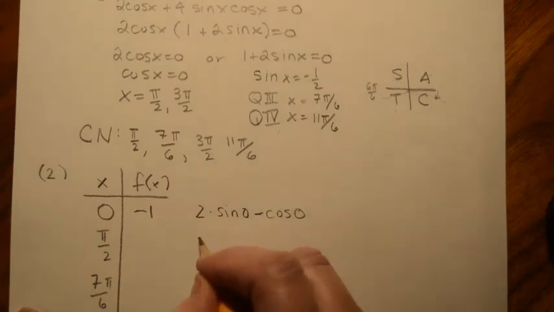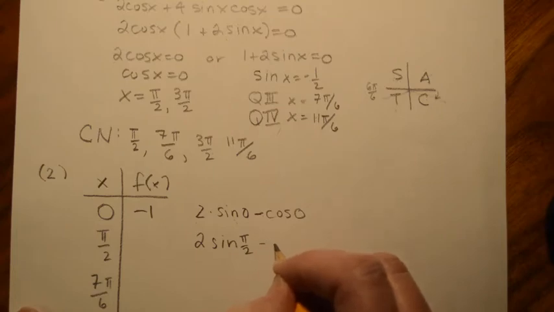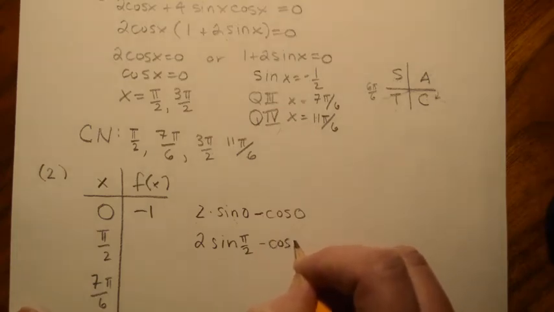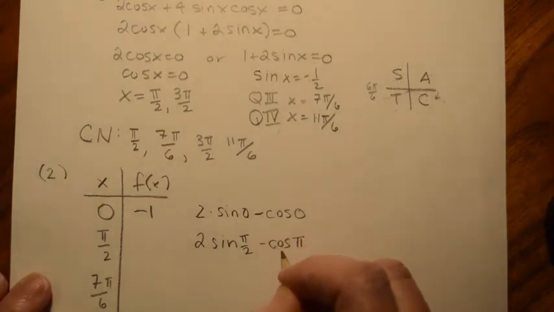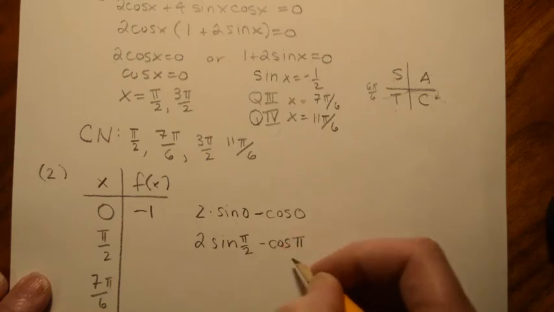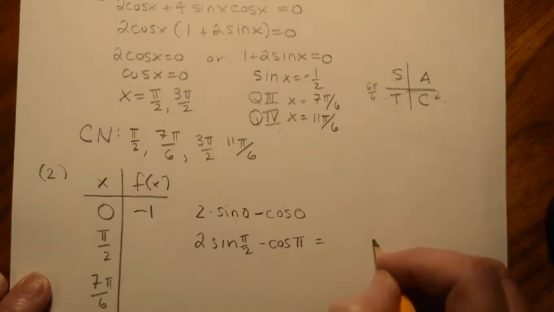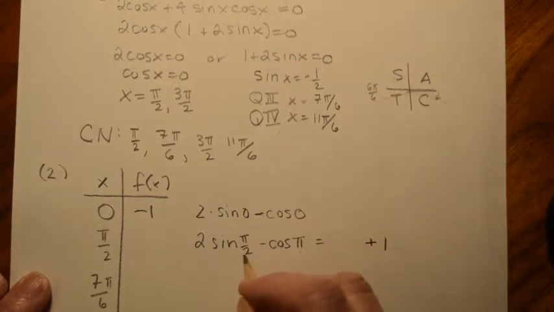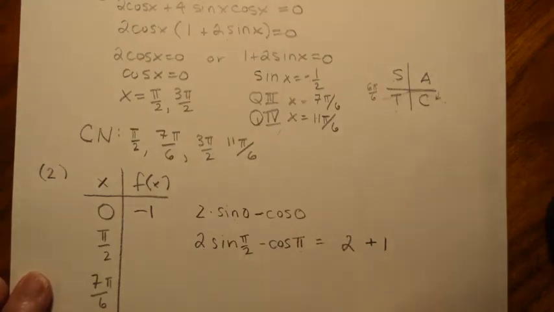If we plug in pi over 2, that's 2 sine pi over 2 minus cosine of 2 times pi over 2, so just pi. Cosine of pi is negative 1, so we're going to end up with a plus 1 for this part. Sine of pi over 2 is 1 times 2. So we should get 3 here.